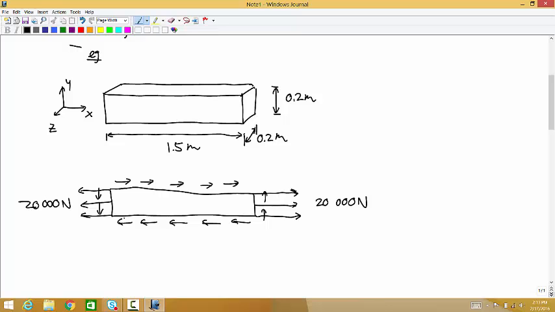And the magnitude of all of those is, oh, I didn't think of that. Well, let me give that as a traction. So let's say that that's equal to 10,000 newtons per meter squared, all those shear loads. Okay.